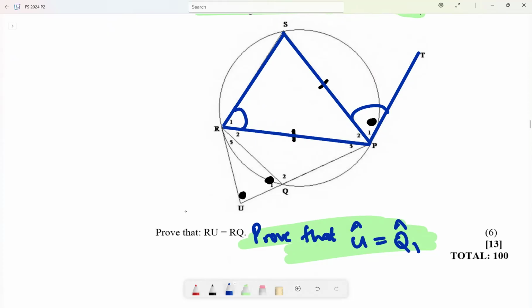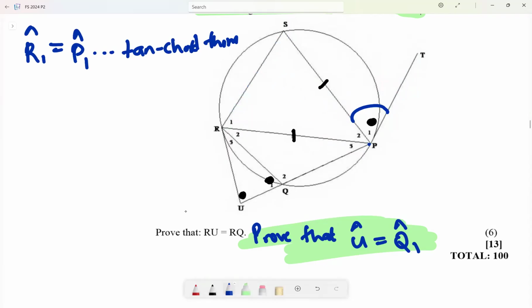This is me trying to see if I am going in the right direction. I'll say angle R1 is equal to angle P1. Why? Tan chord theorem.